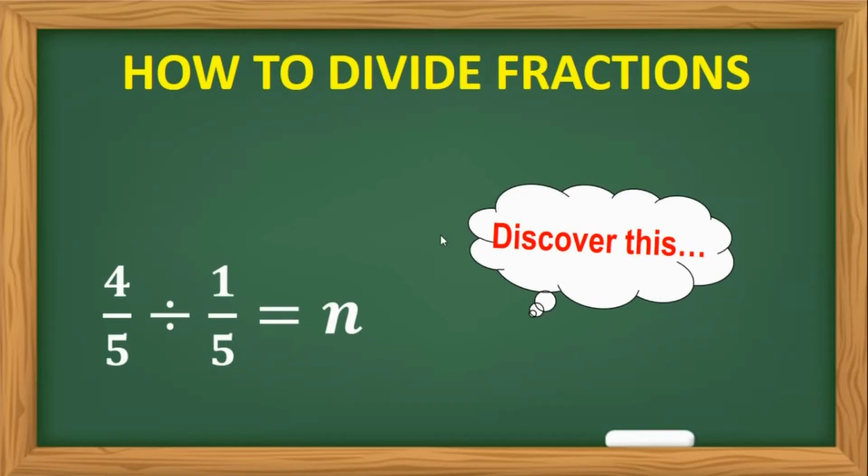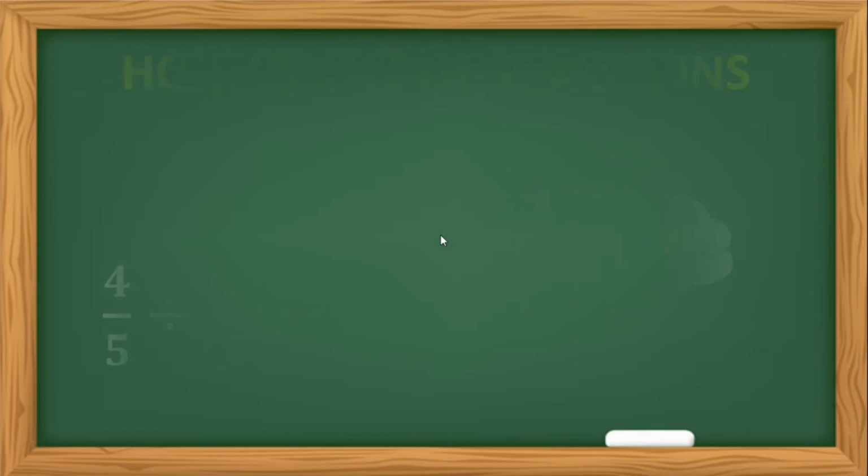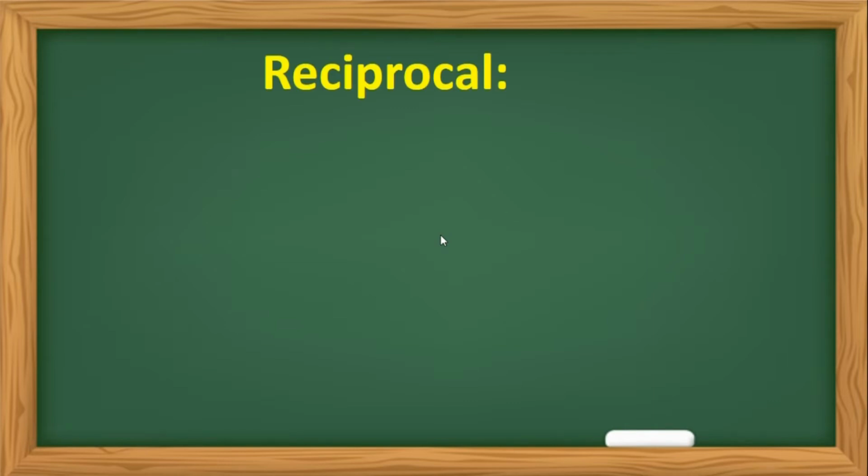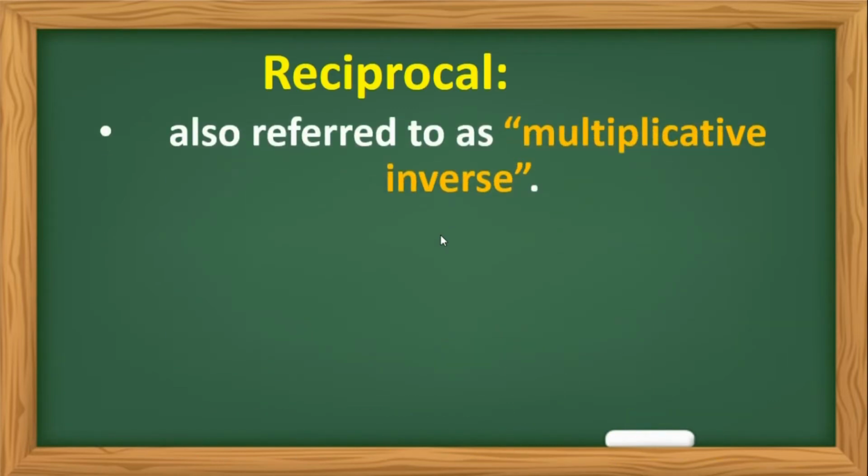How to divide fractions. Before we proceed to dividing of fractions, let us have first a review about the reciprocals of numbers. So, reciprocal, it is also referred to as multiplicative inverse. Like for example, we have 3/4.